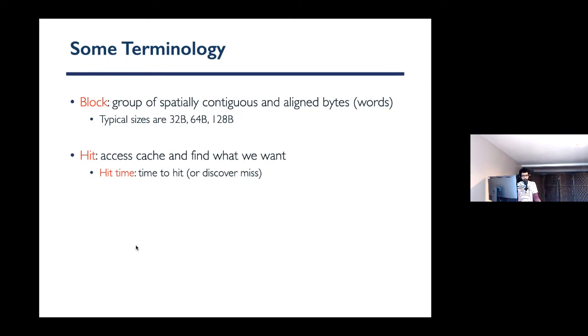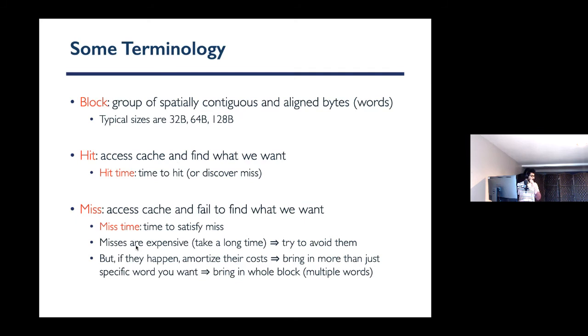Now, a hit means you go to cache for a particular item and you find it there. And hit time is basically the time that it takes you to go to cache and find your item. A miss is when you go to cache and you don't find your item in the cache.